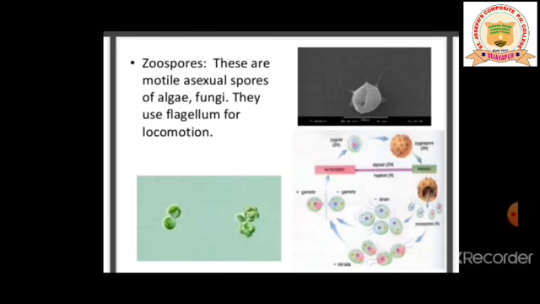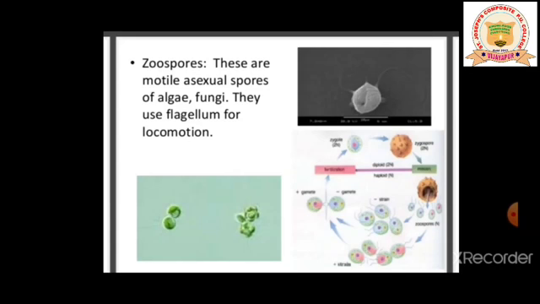So certain fungi and plants like algae reproduce with a special kind of structure. We call it an asexual reproductive structure. In algae, they reproduce through zoospores.